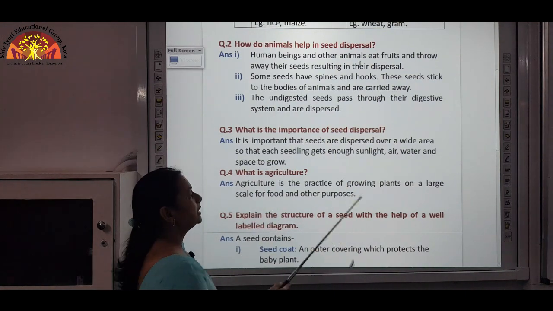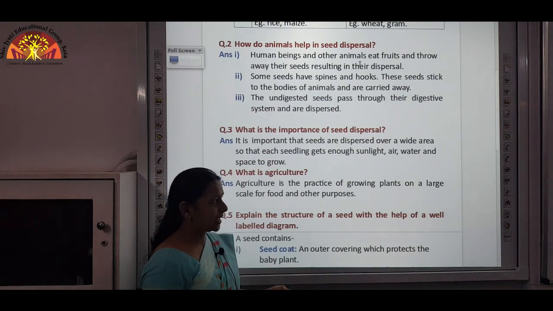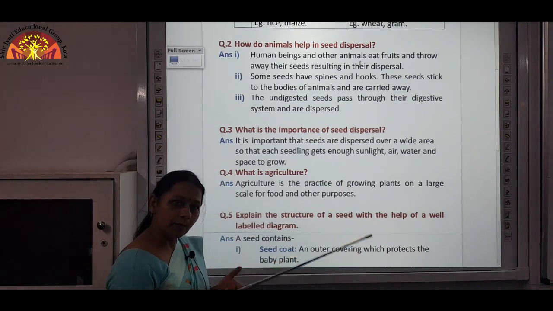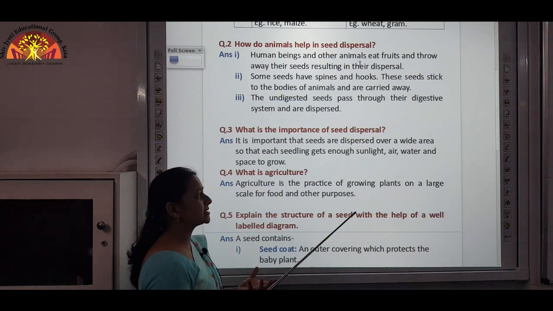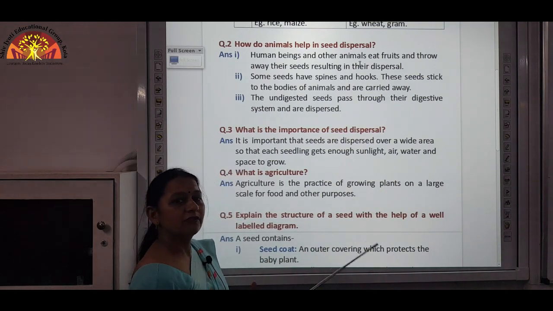You all know these are the essential things that a plant needs to grow: sunlight, air, water. So, we disperse the seeds so that these things are provided to the plants in proper amount.